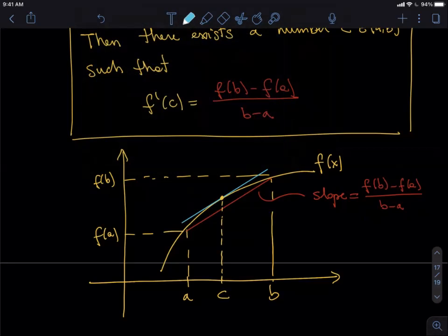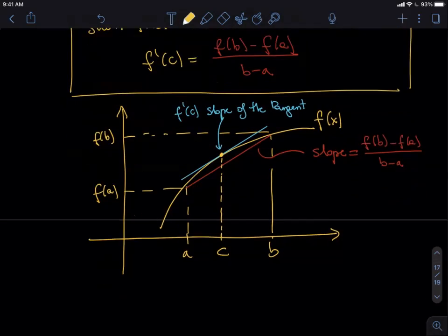Here the slope of the tangent is f prime of c. So this is what the theorem is saying: the slope of the tangent is equal to the average slope, f of b minus f of a divided by b minus a, at some point inside the interval.